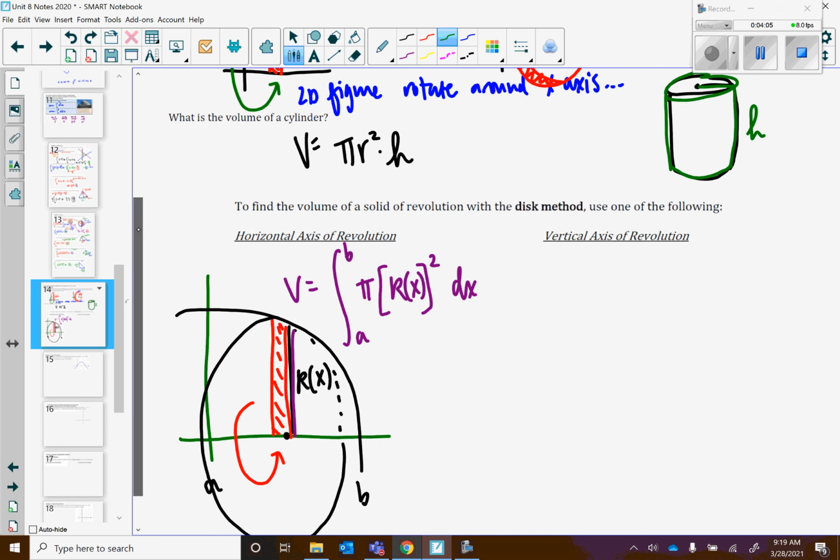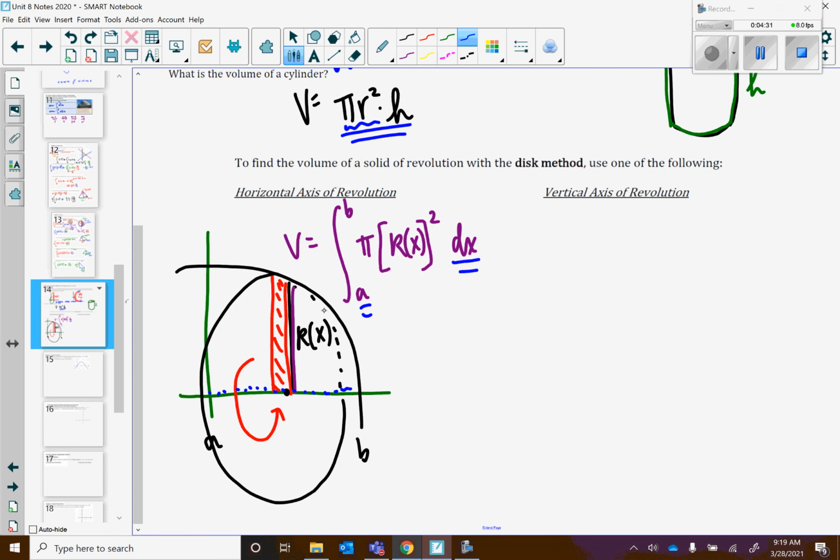So thinking about this volume of a cylinder, we've got the pi r squared, and our dx with our bounds is looking at the height. It's giving every single x value along this axis. Sometimes, and we'll do this in a moment, we'll take this pi and we'll pull it out front because pi is just a constant, a coefficient, and so we don't need it necessarily in the integral.